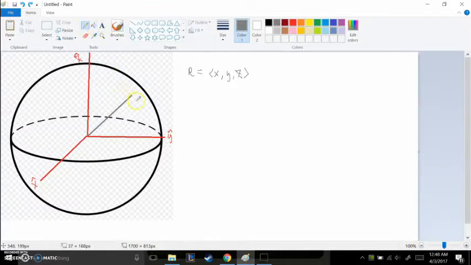Let's figure out how we can rename this, not as X, Y, and Z, but what X equals, what Y equals, and what Z equals in spherical coordinates.